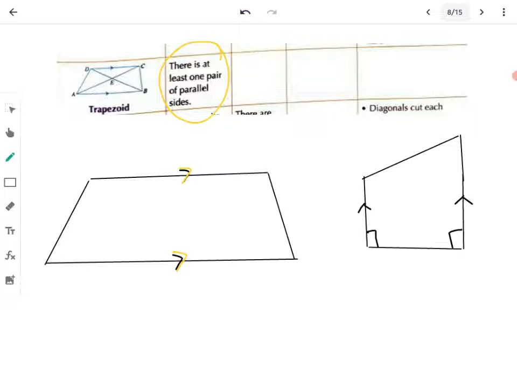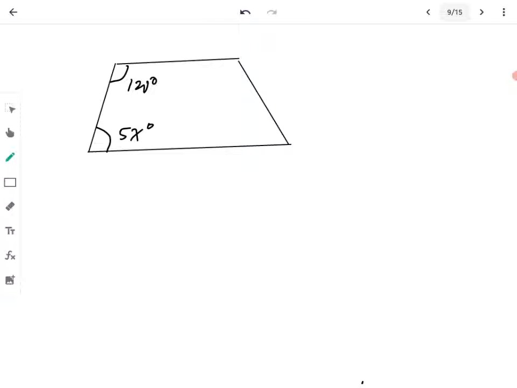So again, since there are parallel sides, we can still go back to the idea of parallelism with a transversal. If these are parallel, this becomes a transversal, and this becomes also a transversal. The trapezoid can look like this, with one pair parallel.